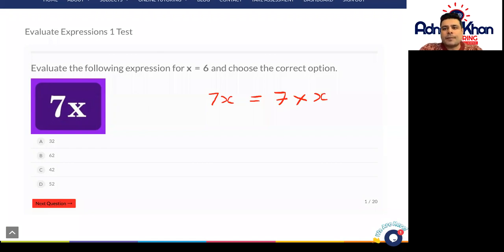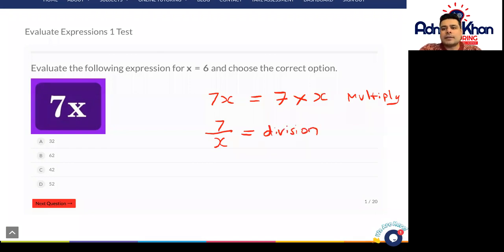So for example, if we did it the other way around, 7 over x or x over 7, that means we need to divide. So it will be 7 divided by x.